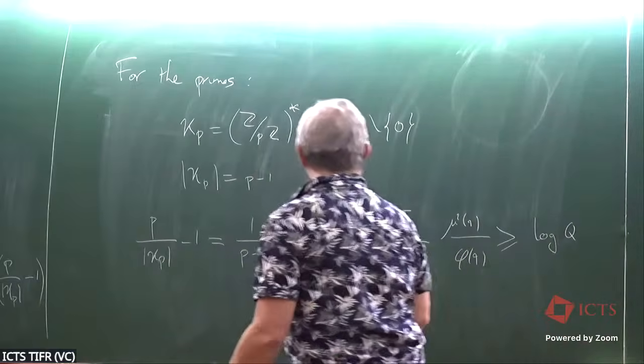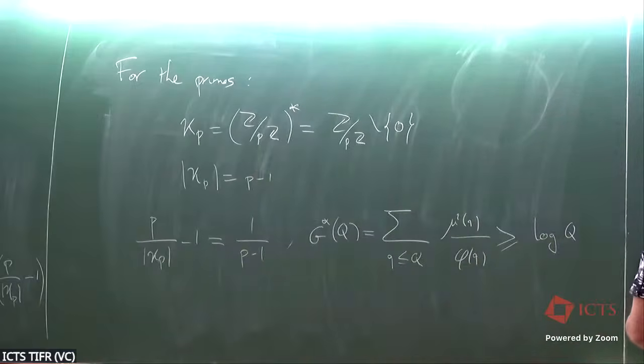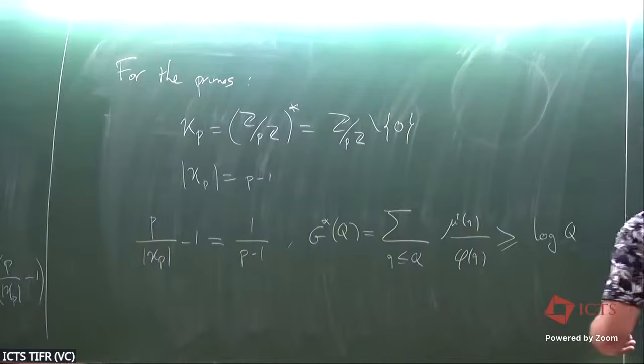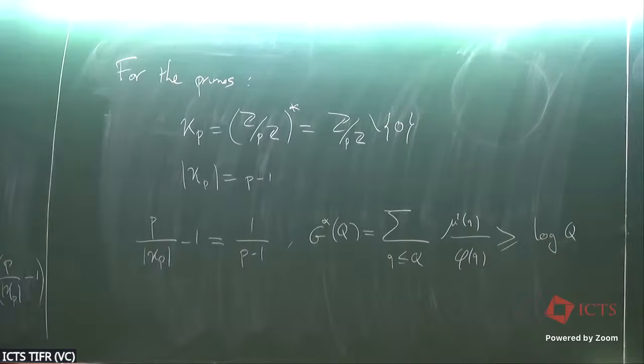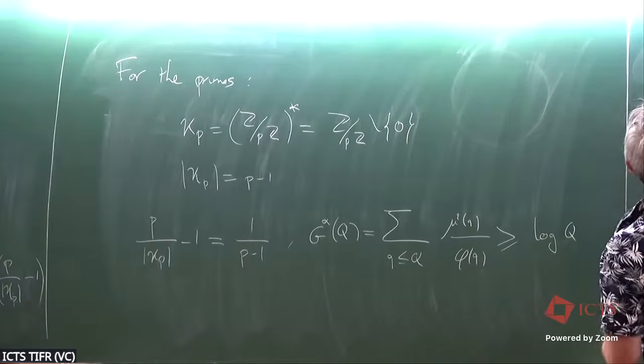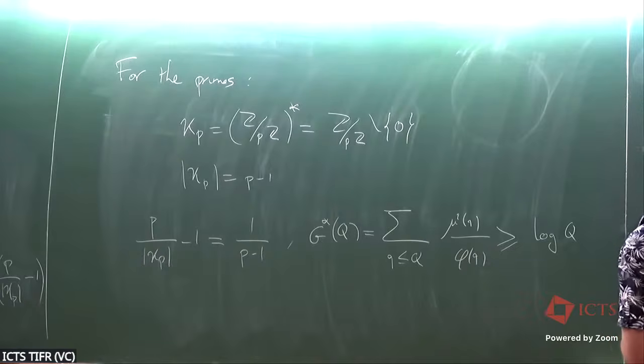So for the twin primes, because everyone loves the twin primes, and I do, what is the set you're going to take? It's an integer n so that n is not divisible by p less than q, and n plus 2 is not divisible by p.